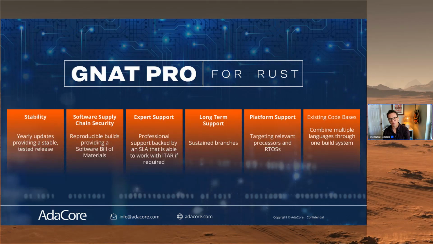If we're looking at GNATprove for Rust, the borrow checker is great. It offers a lot of safety and performance improvements. But frankly, GNATprove and other subsequent methods allow us to be a little bit more sophisticated and nuanced with where we're going with this. And it's allowing us to progress the static analysis component in Rust a little bit further.